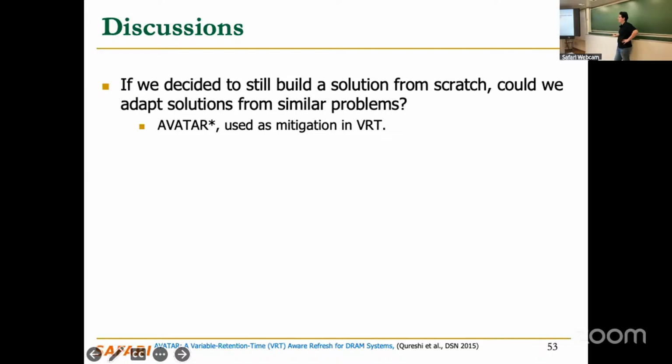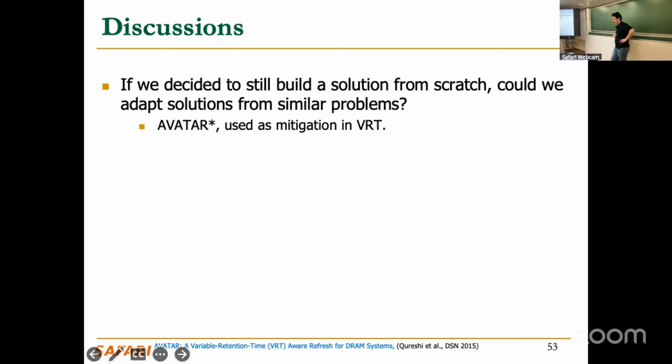In variable retention time, maybe some of you remember, we have the problem that some cells exhibit a strong retention time, and as time goes on, or as the parameters change, their retention times may drop suddenly, meaning that if they can hold their charge for 64 milliseconds, at the next iteration they can only hold their charge for 32 milliseconds.